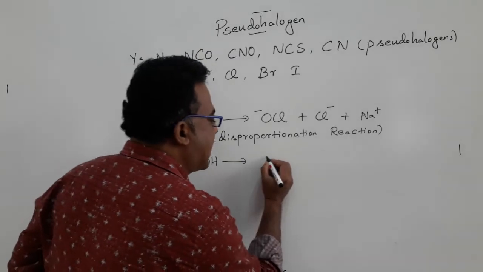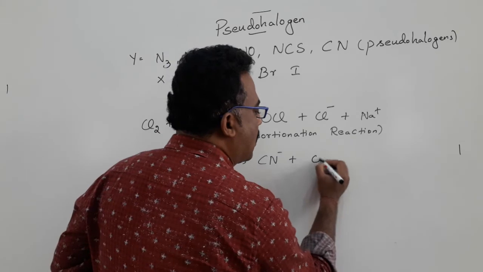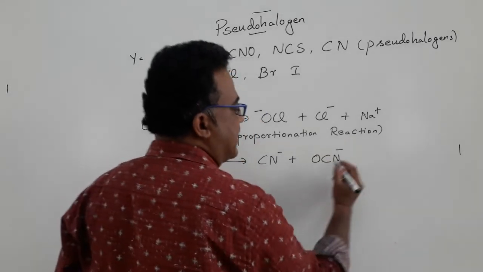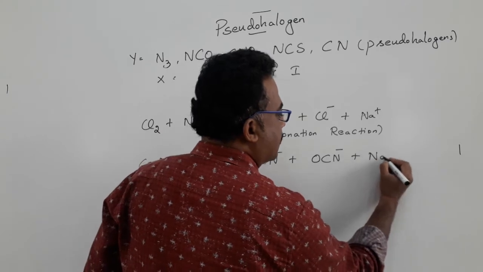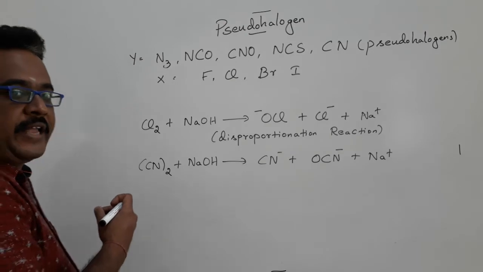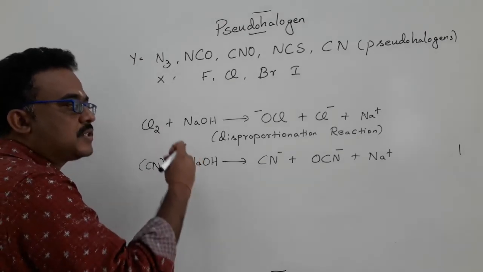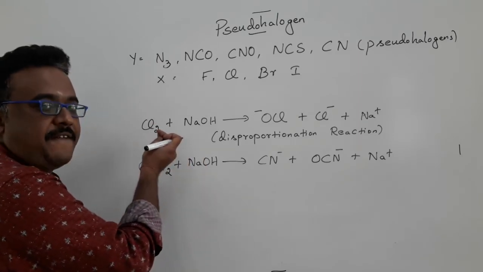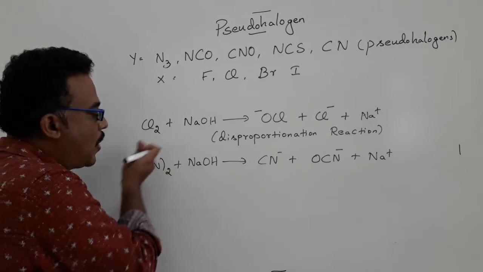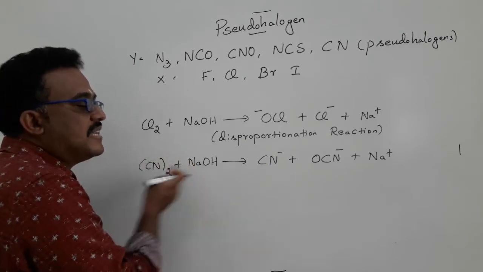Cyanogen will give cyanide ion as well as isocyanate ion. This again shows how the halogen behaves with sodium hydroxide; the pseudo halogen dimer also behaves in a similar way.